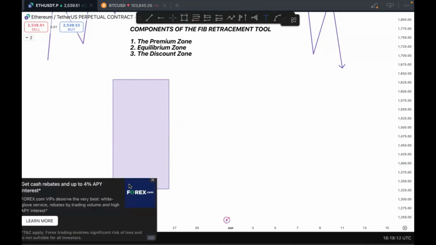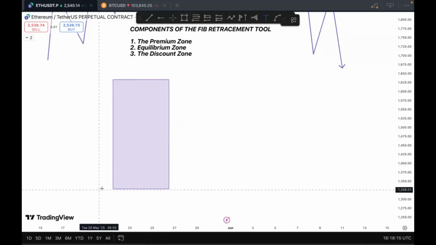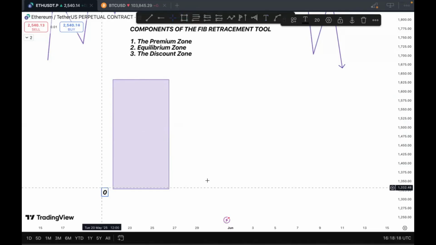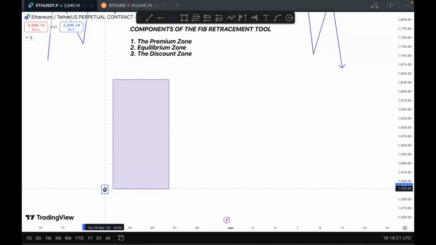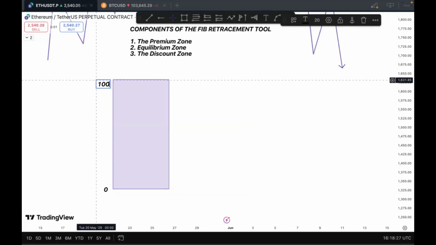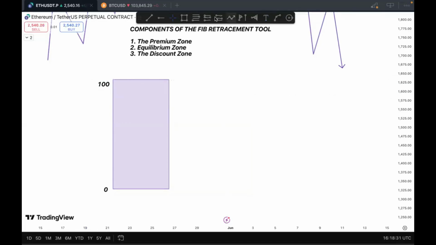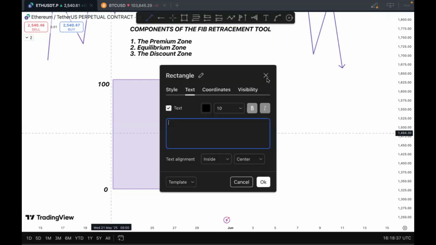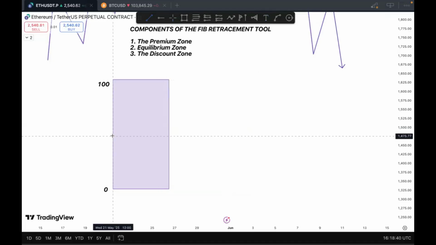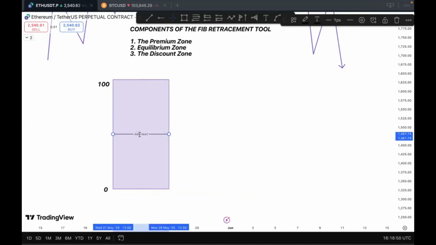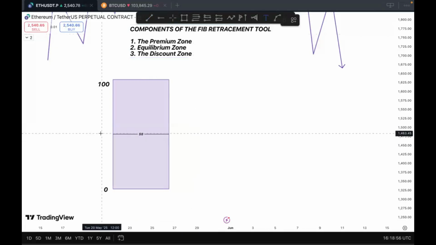We have 0 to 100, and in between the 0 to 100, we have the 50%.